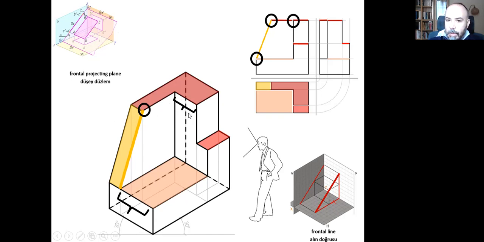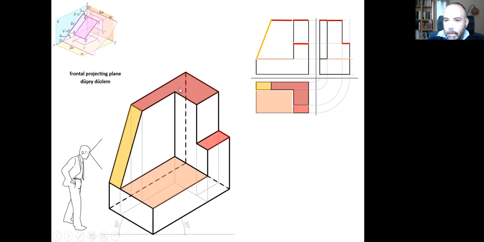If there is interval, level, or distance difference between two lines or two surfaces, I am indicating it by using a gap. If there is this inclined surface and it starts at the same level with the red surface, this orange surface and red surface, they are intersecting at the same level, there is no level difference, I shouldn't leave any gaps, as you can see here.